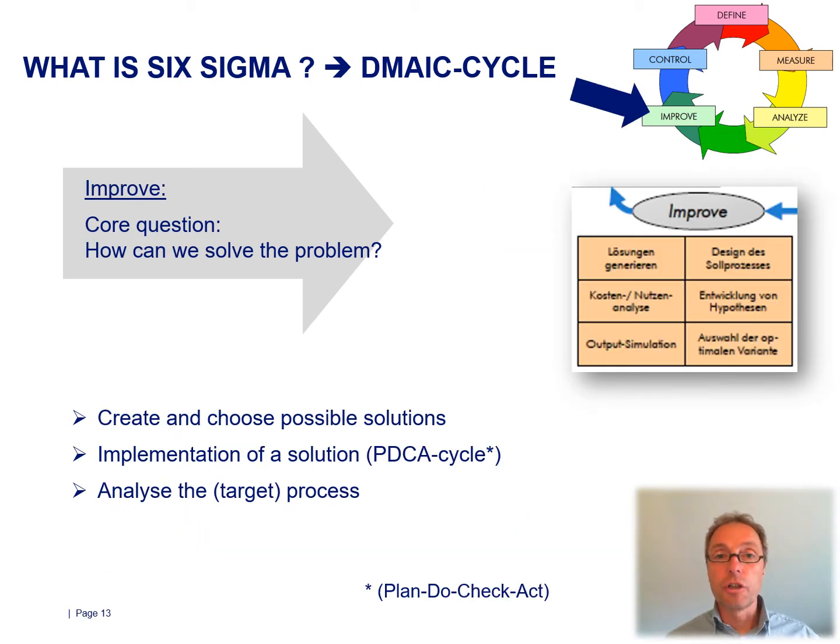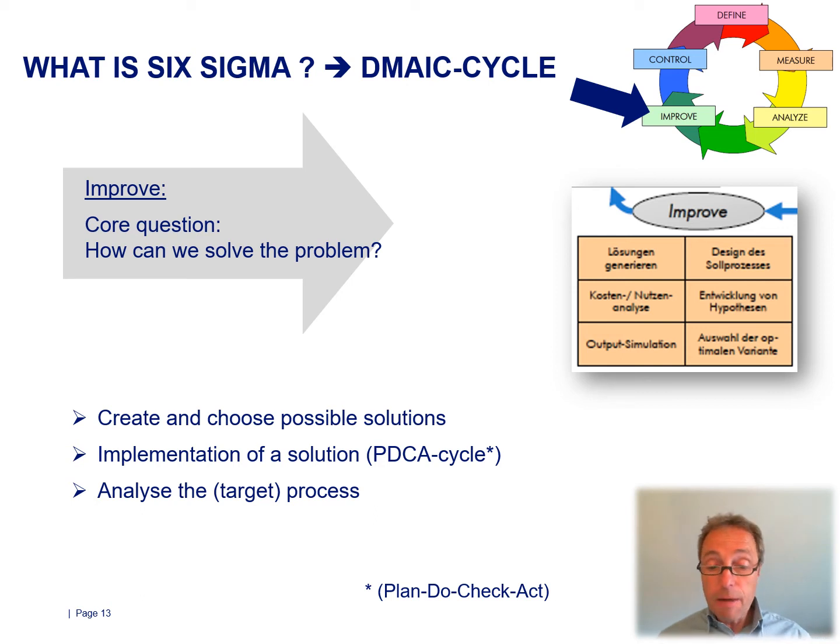The core question in the improve phase is, how can we solve the problem? Here we have to create and choose possible solutions, and quite often we have more than one solution. We have different options, and the question is, which of the options we have is the best. And this we have then to implement.